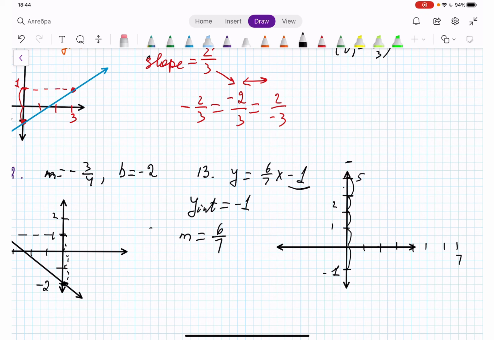Let me see. 1, 2, 3, 4, 5. Did I count wrong? Yeah, I counted wrong here, because I'm doing 6 and my -1 is going to be 5. So I should end up at 5. This is 5, and this was 4. Okay. And from here, I'm going by 7 horizontally.